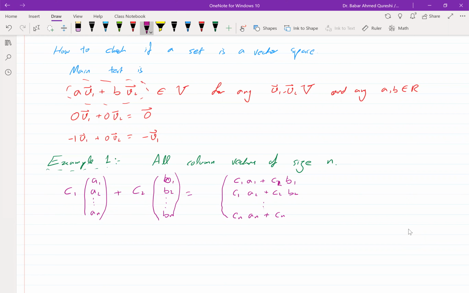But these are just some numbers. And since my space was all column vectors, this does belong to, if I call this space Rn, this does belong to Rn. So this would be a vector space.